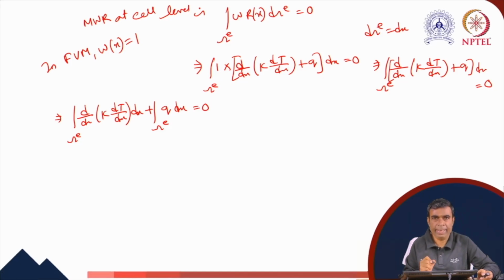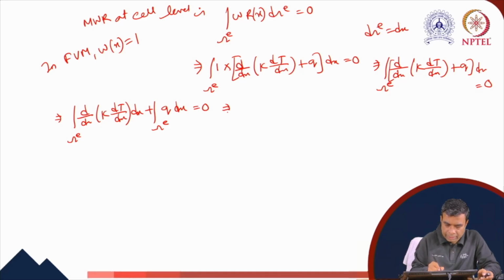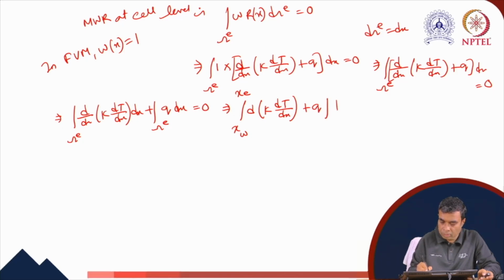We can take k and q as constants. The element or cell omega e has boundaries, east boundary and west boundary. So the integration extends from the west face to the east face. This can be simplified as integration from x west to x east of the differential of (k dT/dx) plus q into integration of dx from the west face to the east face equals to 0.